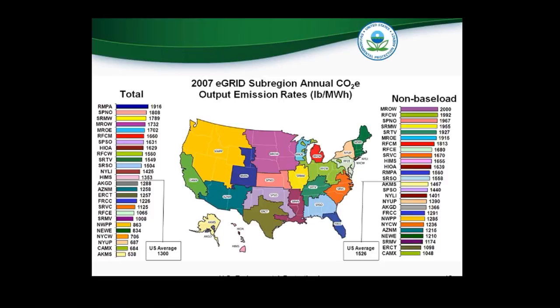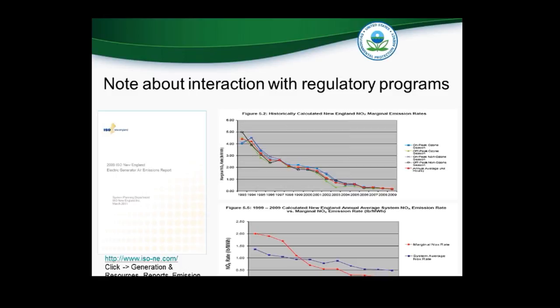Last slide, please. Here's just a brief note about the interaction with regulatory programs. Basically, the cleaner the electric generating fleet is, the less emission reductions you'll get from clean energy on a per kilowatt hour basis. So basically, the more effective your regulatory programs are at reducing air pollution from electric generating units, the less emission benefits you'll get from clean energy.